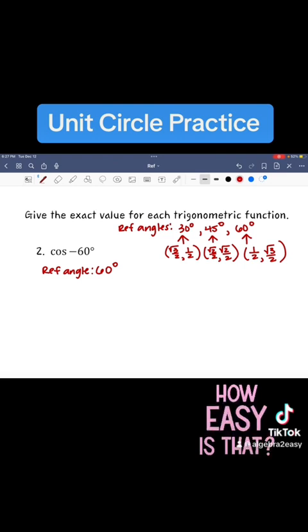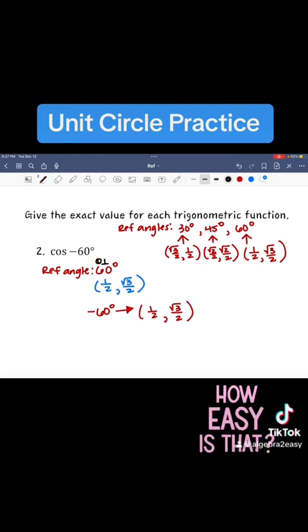So adding 60, your reference angle, gets you back to the x-axis from negative 60 degrees. So I'm going to go ahead and write the ordered pair for 60 degrees. It is 1/2, radical 3 over 2. So then negative 60 degrees is going to have this same ordered pair.